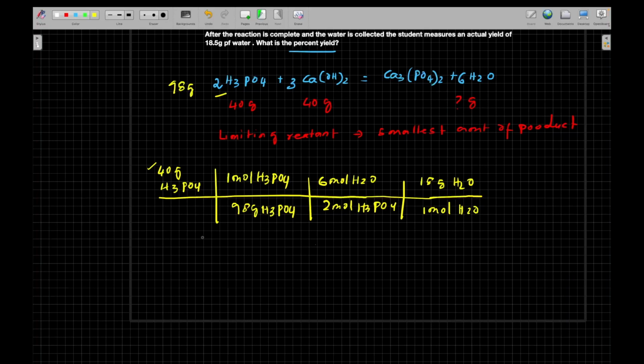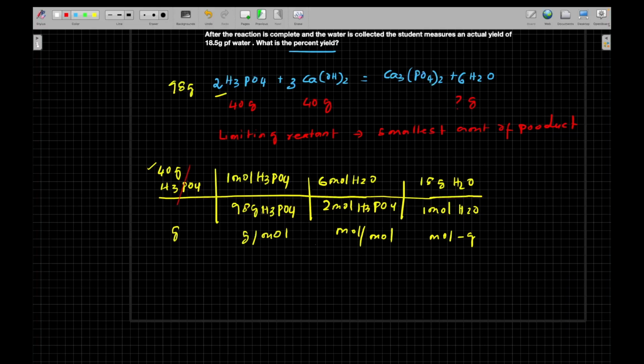It happens automatically when we provide the given information in gram, convert gram to mole, use the molar ratio from the balanced equation between reactant and product, and then convert the mole information to gram.